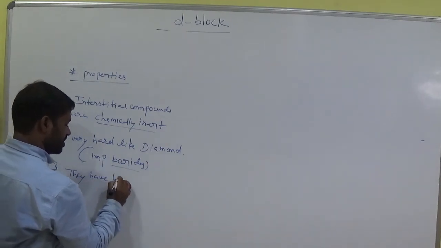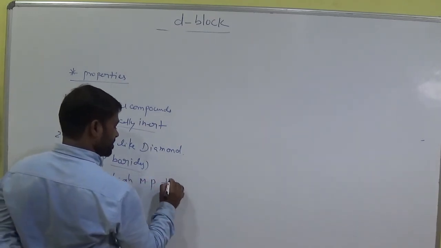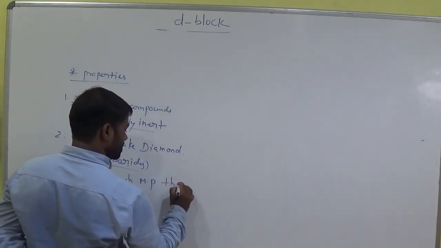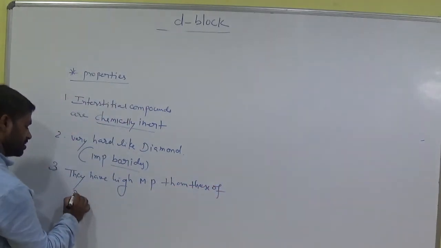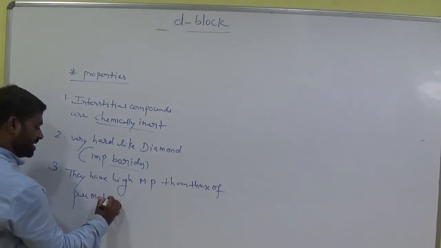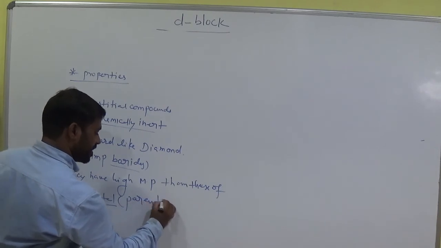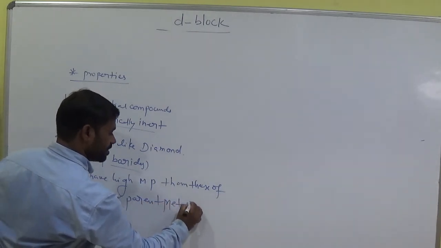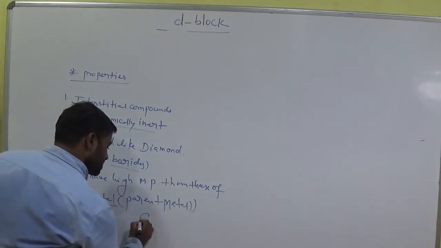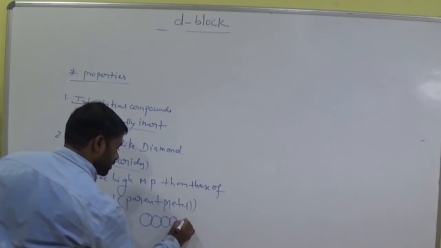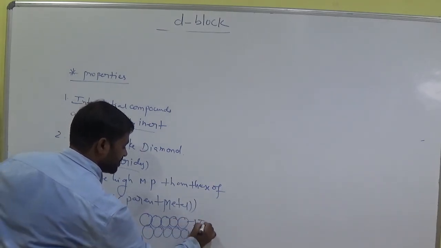They have a high melting point than those of pure metals or parent metal. What is the meaning of this pure or parent metal here? Suppose this is titanium only, all are titanium suppose.